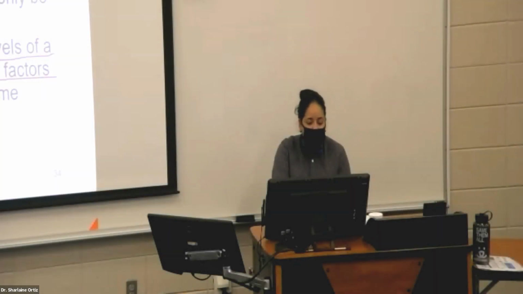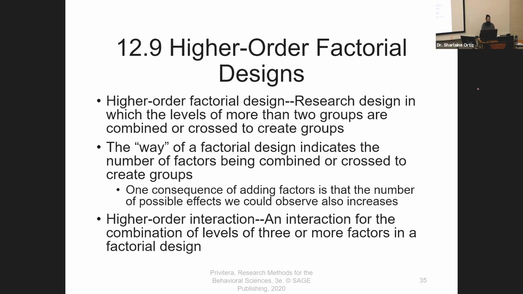Let's talk about higher order factorial designs. When we are looking into higher order factorial designs, what we specifically are referring to is that whenever we are using more than 2 factors.